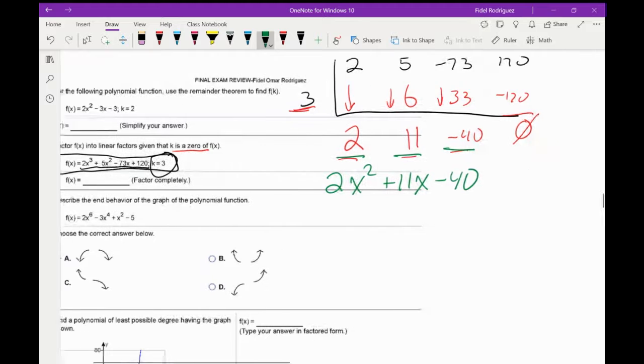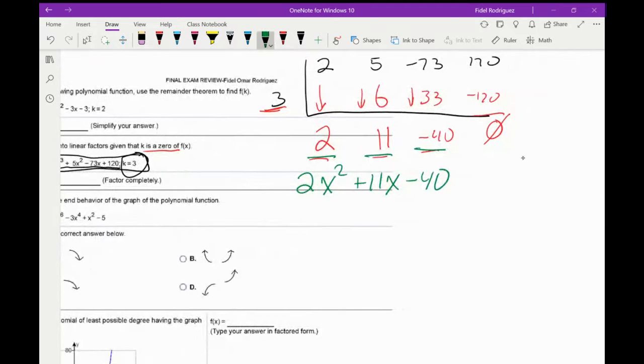And what I want to do here is factor this one out. So I'm going to factor it by multiplying 2 times negative 40. That's going to give me a negative 80. I'm going to look for numbers that multiply to negative 80, but if I add them together, I would get an 11. So let's see.